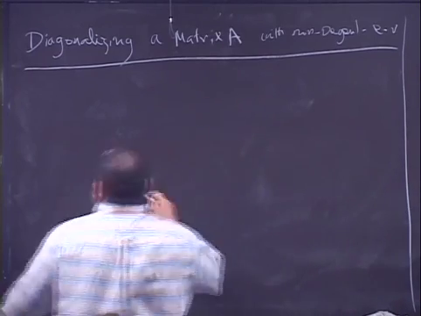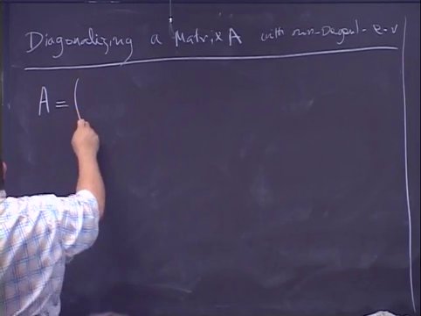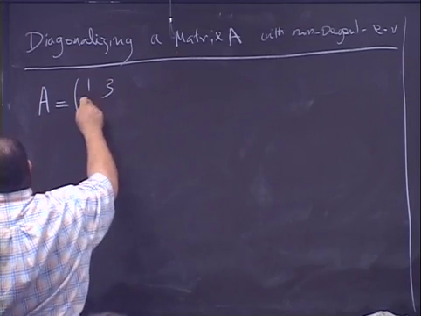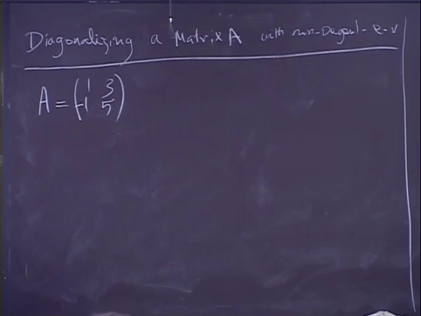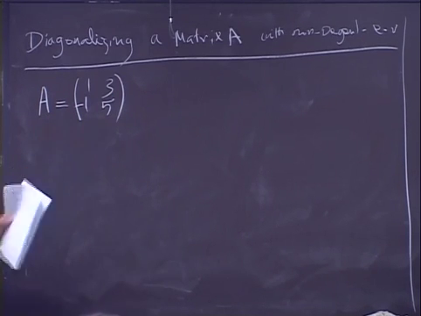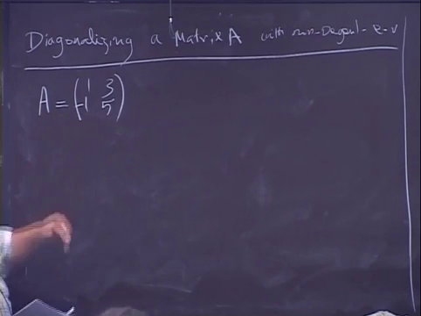So let's assume that our matrix is just 1, 3, minus 1, 5. I want all of you to concentrate on this process because it shows you how to diagonalize a matrix.